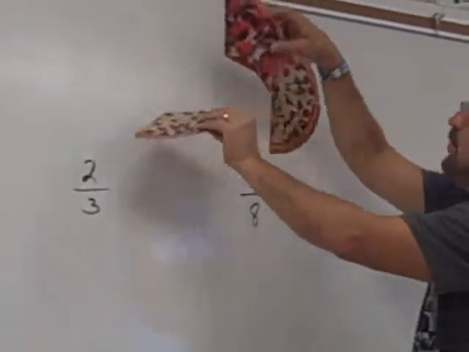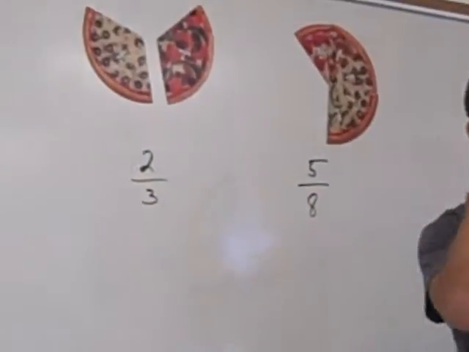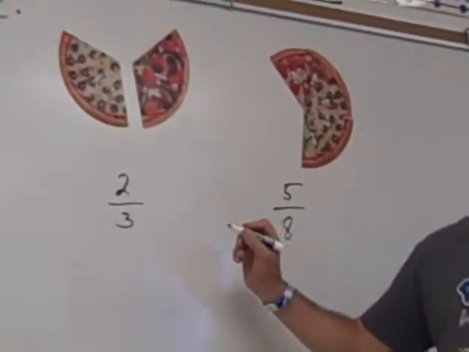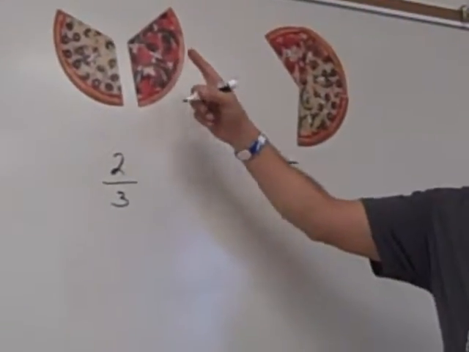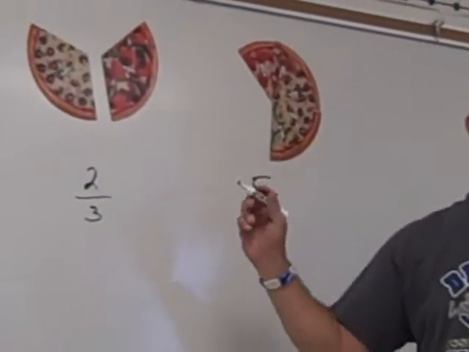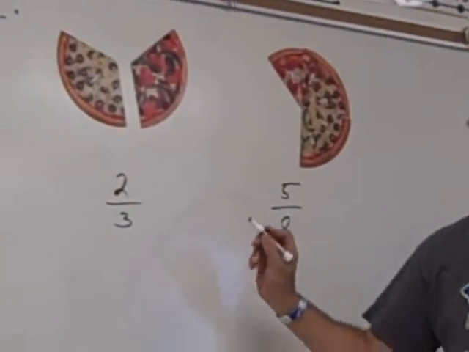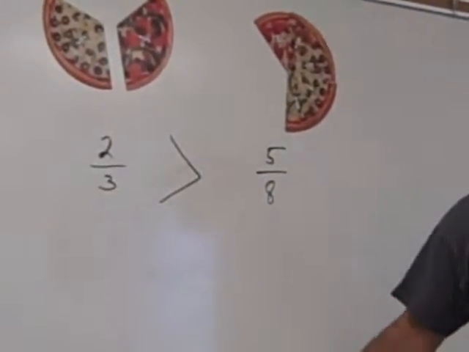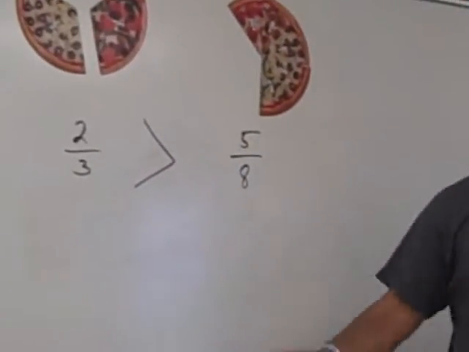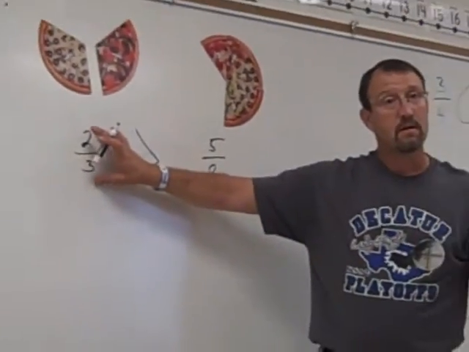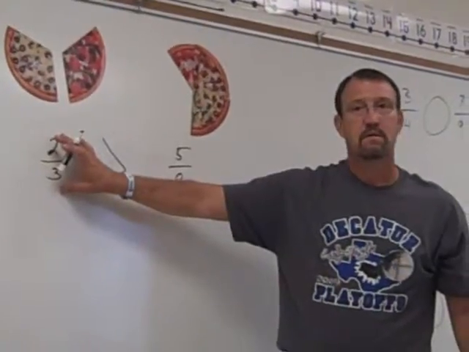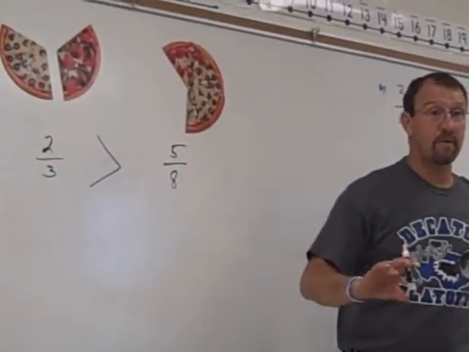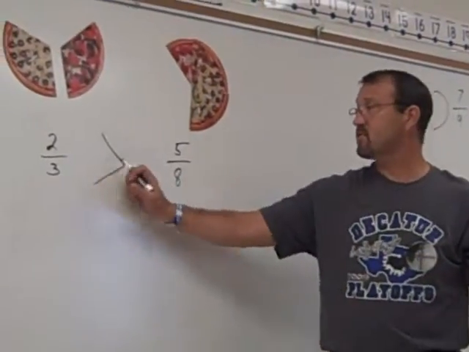So what can we say from what we visualize? 2/3 is greater than. Now we don't write the words greater than, we use the symbol. The alligator or Pac-Man arrow eats the bigger number, right? So 2/3 is greater than 5/8.